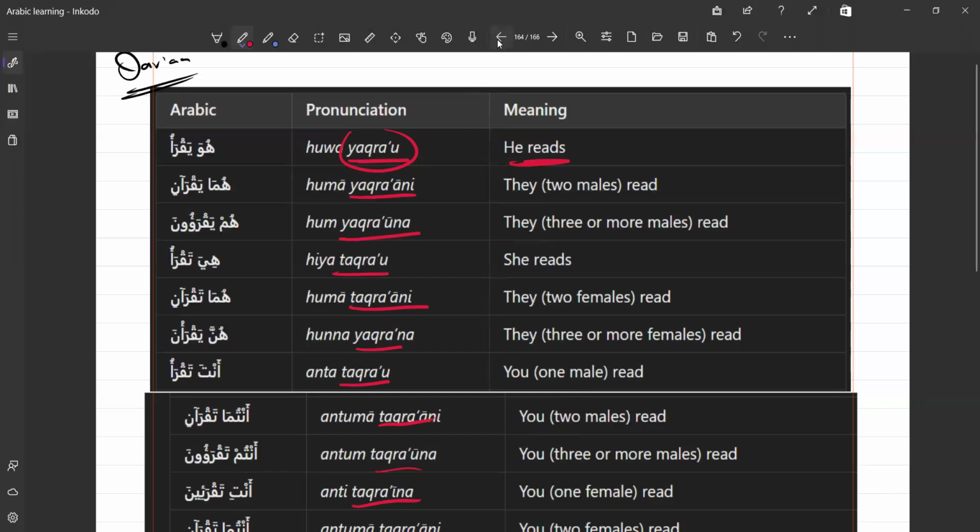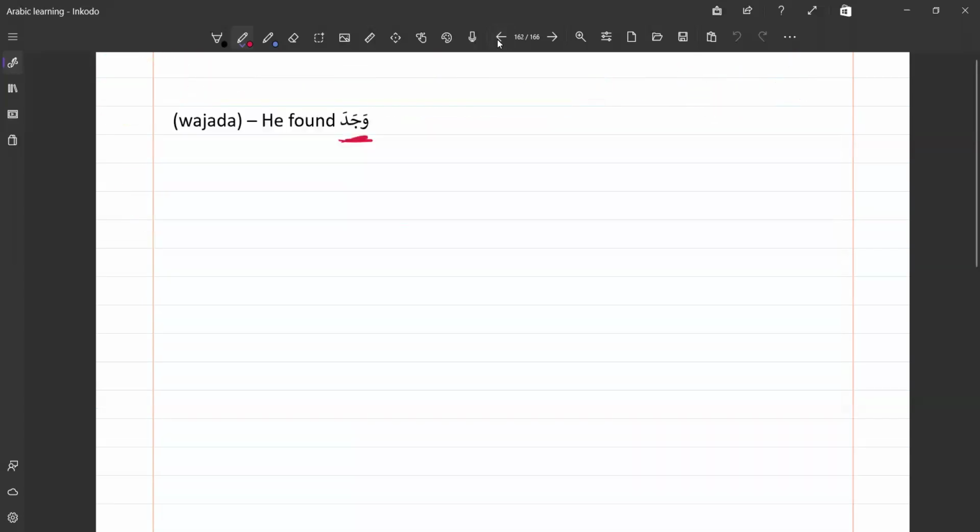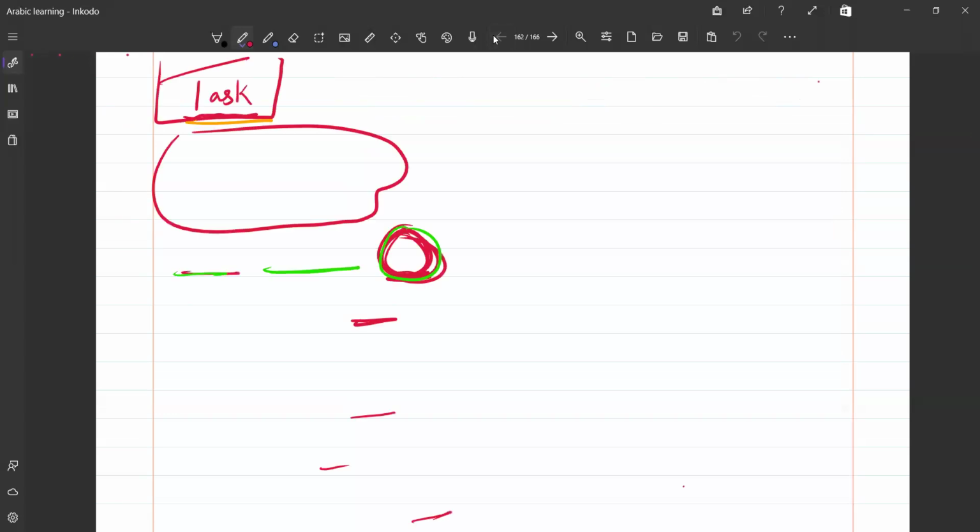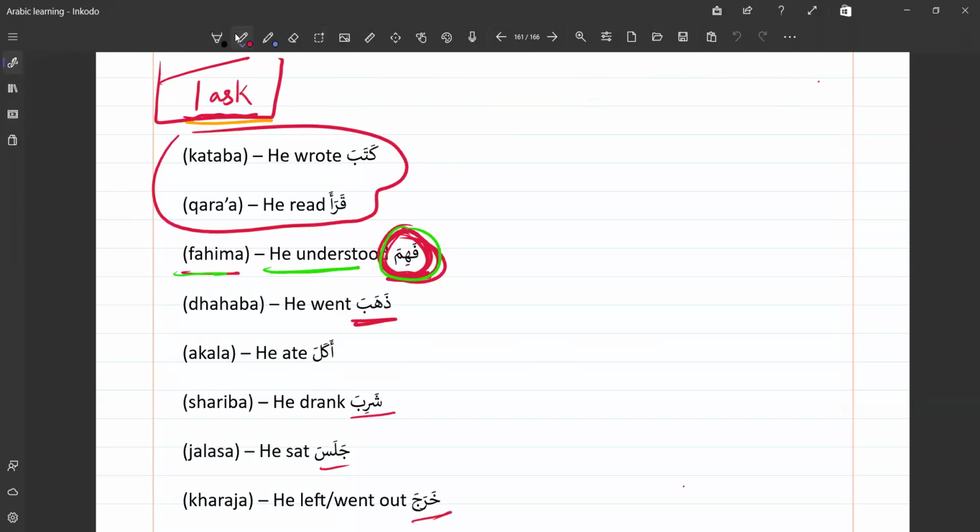So, for example, let me try one for you. We have done the present tense girdan for these two verbs. Kataba becomes yaktubu, and qara becomes yakrau, right?